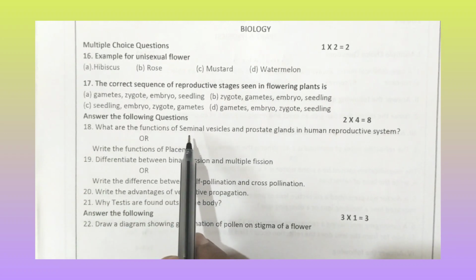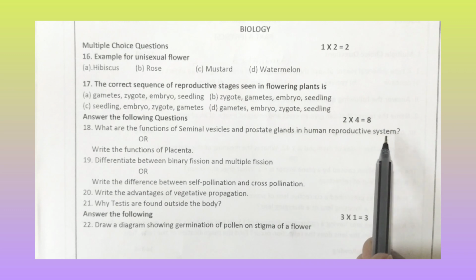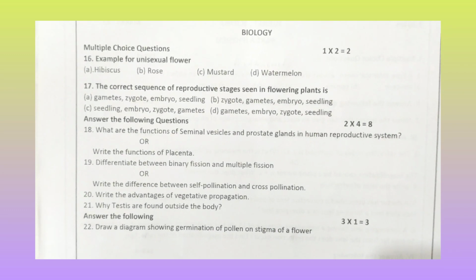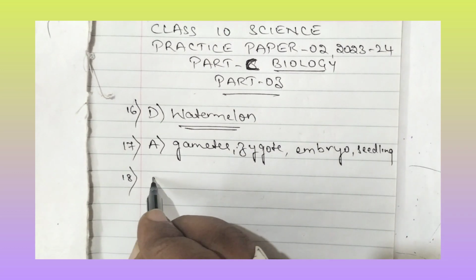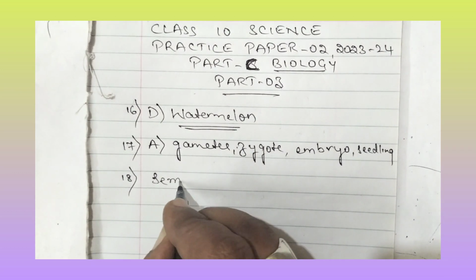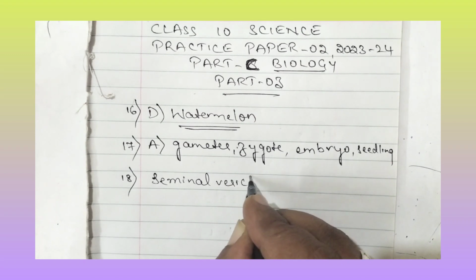What are the functions of seminal vesicle and prostate glands in human reproductive system? So now let us answer this question. So first let us write what is the function of a seminal vesicle gland.